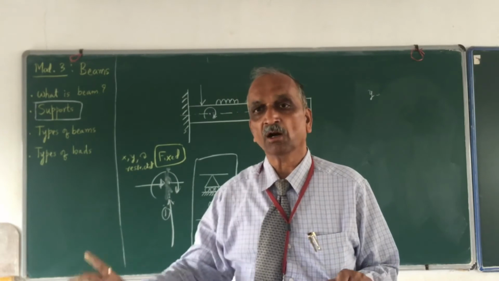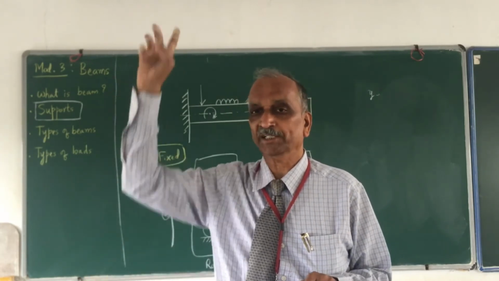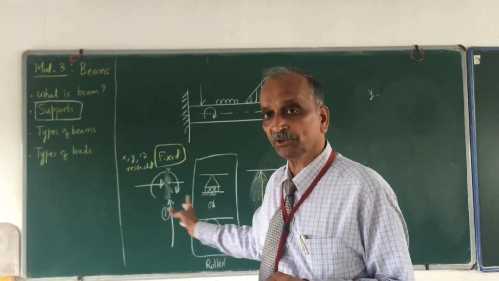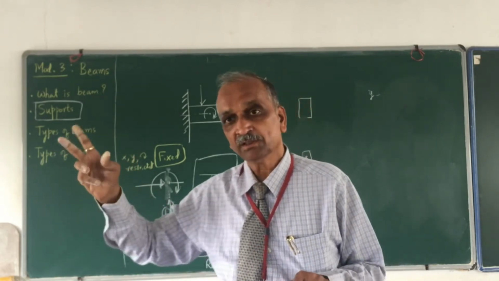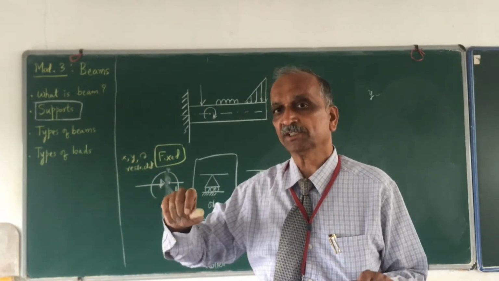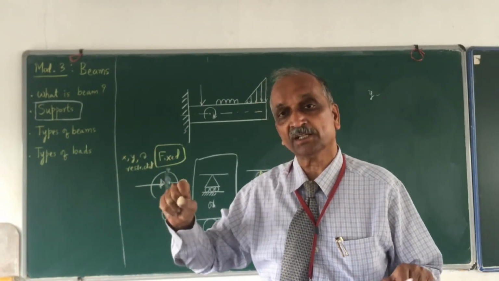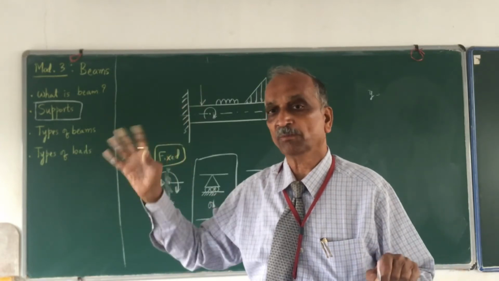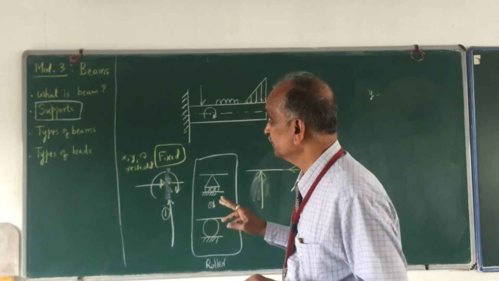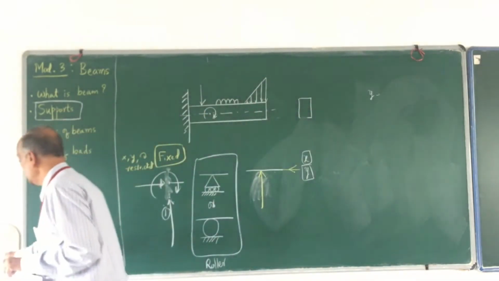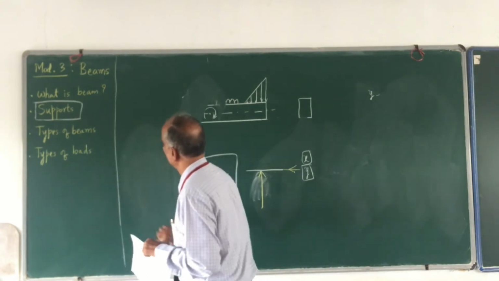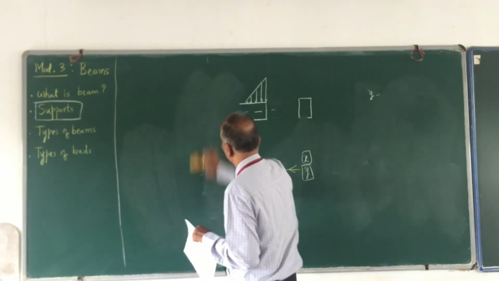A roller support shall offer reaction only in one direction, say y direction, and a hinged joint shall offer a force in x direction and a reaction in y direction, and the moment is 0, there is no moment offered by it. Okay, these are the various supports. Using these supports we form beams.